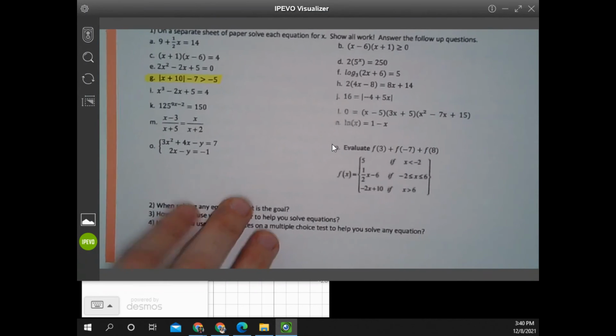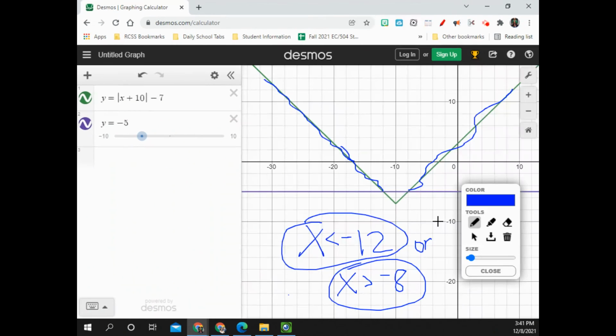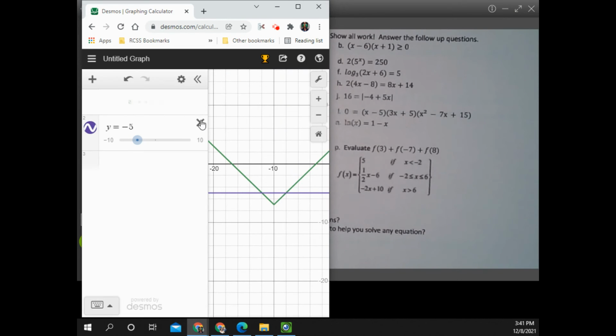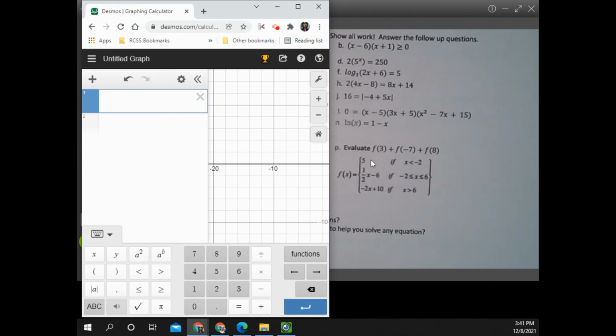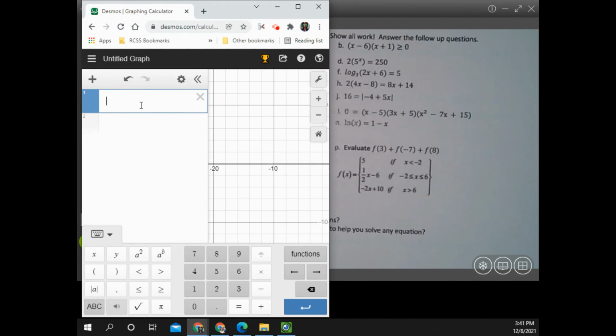Yep, right there. So if I want to enter this into Desmos, I'm going to exit out of this. Each line is a line in your Desmos calculator, okay?